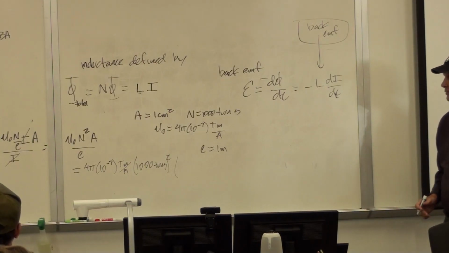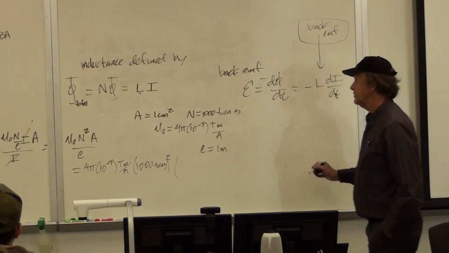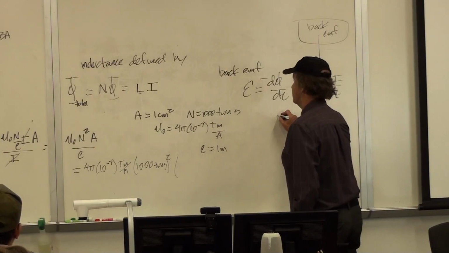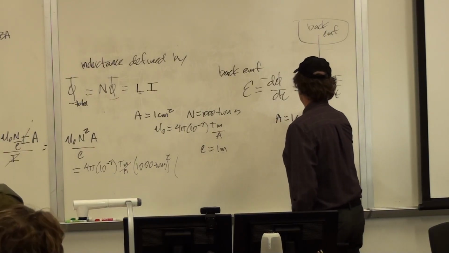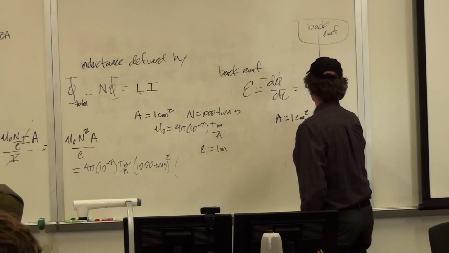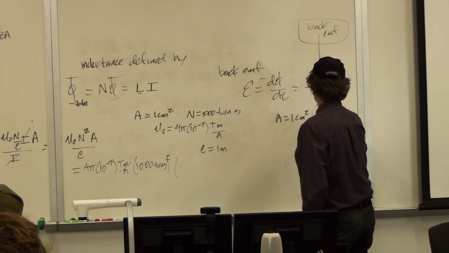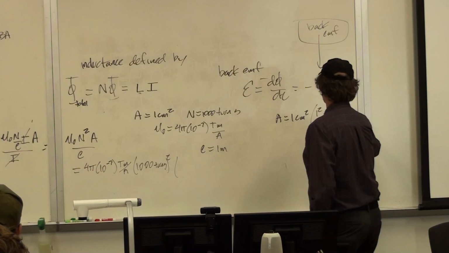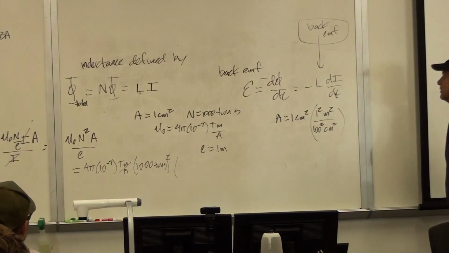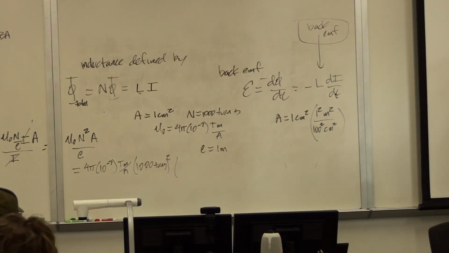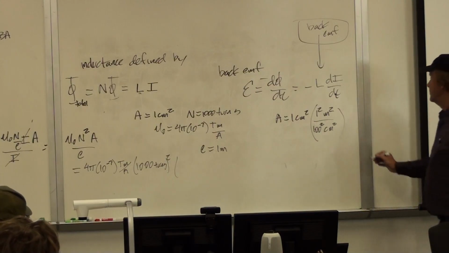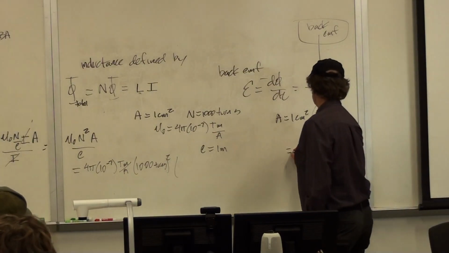So that's something that you would want to be conscious of if you're doing a problem like this. So the area then, 1 square centimeter times 1 meter squared for every 100 centimeters squared. Remember that you also square the conversion factor when you convert to square units. So this gives us 10 to the minus 4 square meters.